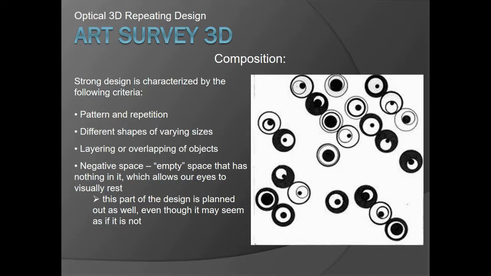And then we have a variety in our negative space. So it's not all in one place, but it's balanced throughout the piece, which creates more visual interest and leads our eye throughout the composition by having interesting negative space, just as much as the filled space is interesting as well.